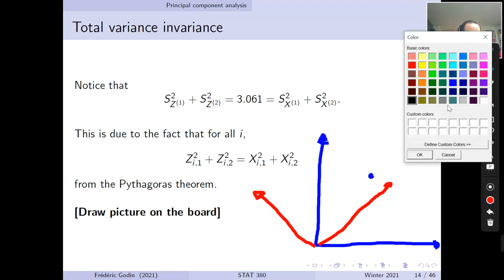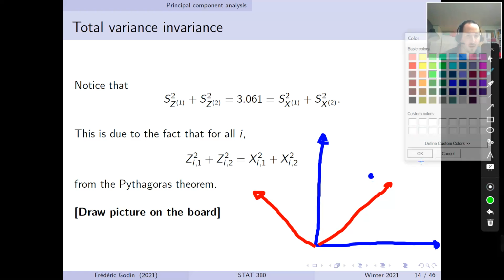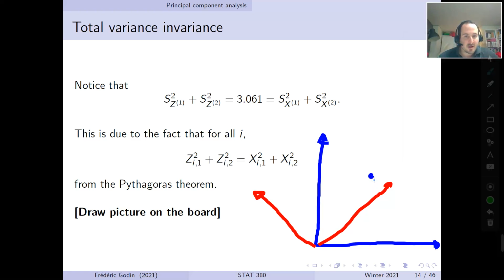Okay, because if we do that, let's consider a new color. You might consider this point as being this coordinate squared plus this coordinate squared. So this is the coordinate with respect to the first vector, and this is the coordinate with respect to the second vector.